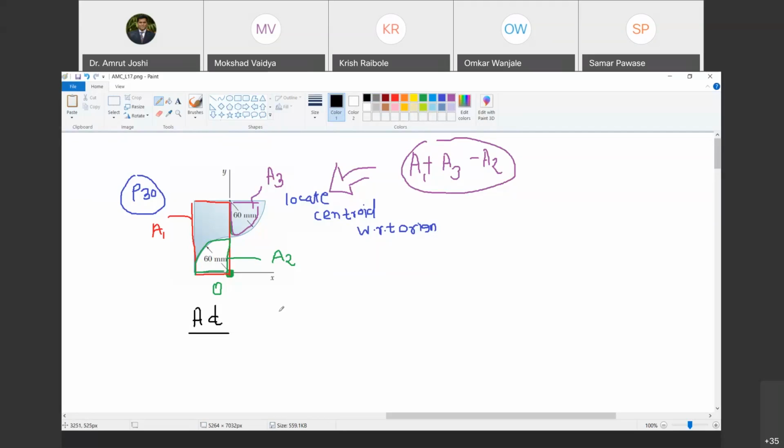Then second is AI. Do you agree with me? Next is XI. Next is YI. Then next is AI XI. Happy? Yes, sir. Next is AI YI. That's what we are going to do.